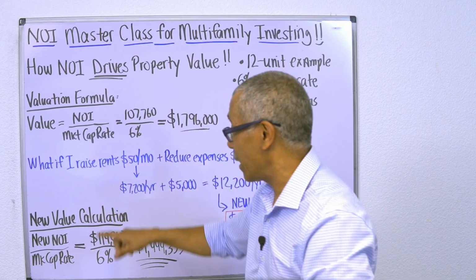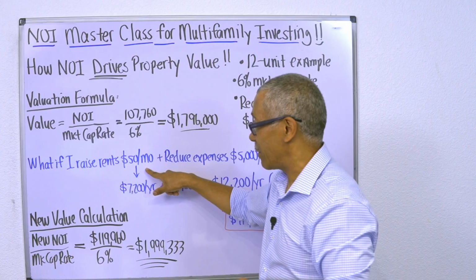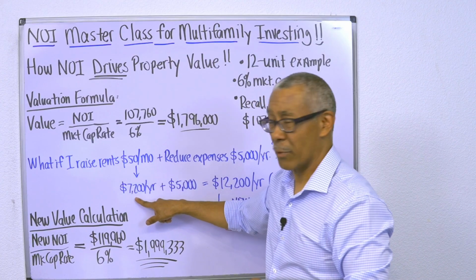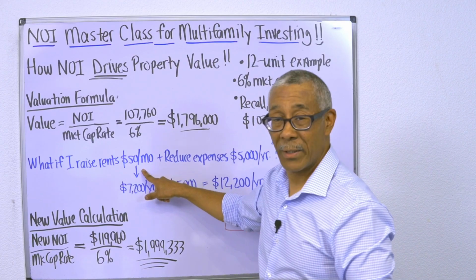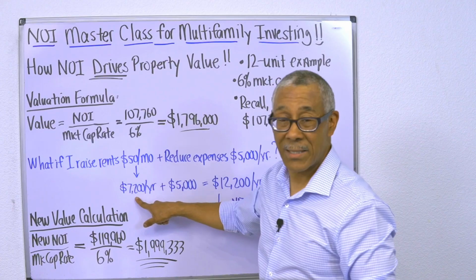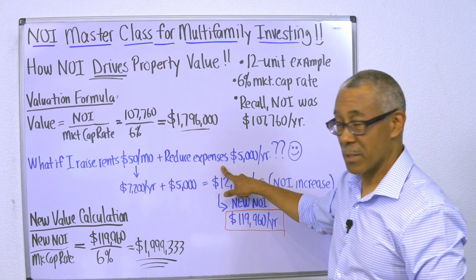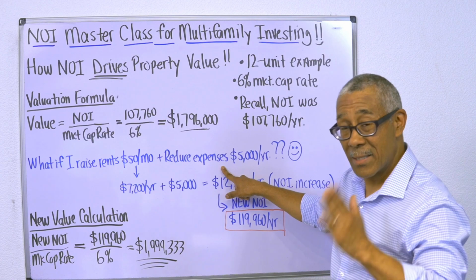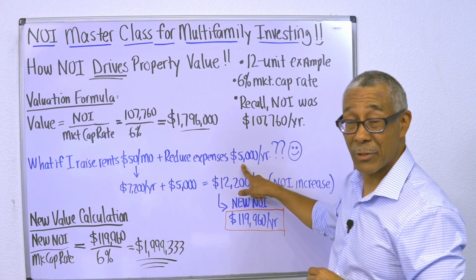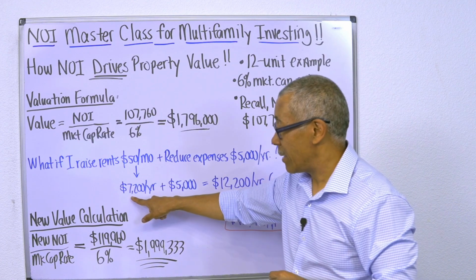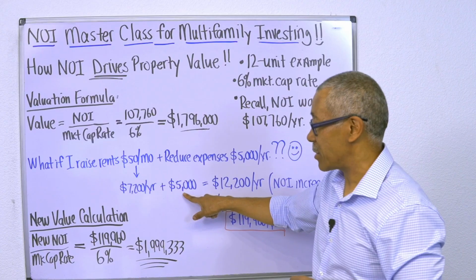Watch the impact. If I can raise the rents by $50, that equals $50 over 12 units over 1 year, which is $7,200 per year. And what if I reduce my expenses? I tighten down some things and I can save $5,000 a year on taxes. So $7,200 plus $5,000 for the year.